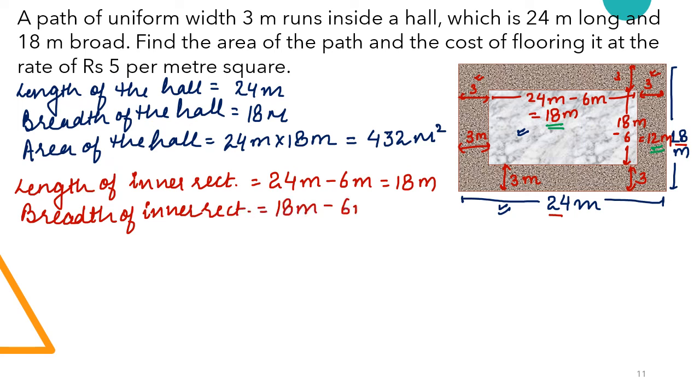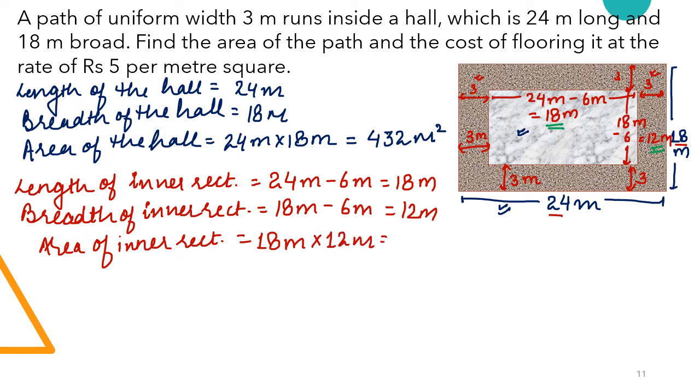So area of inner rectangle will be 18 meter multiplied by 12 meter. So multiply 18 by 12, it will be 216 meter square.